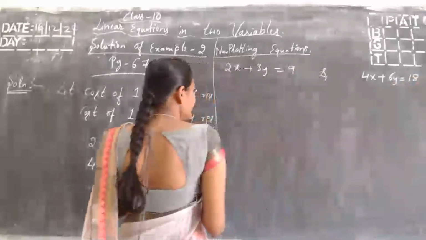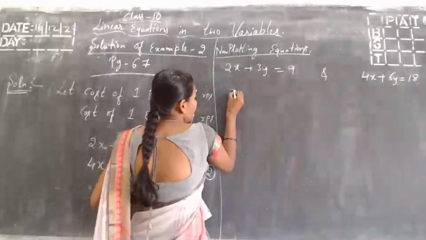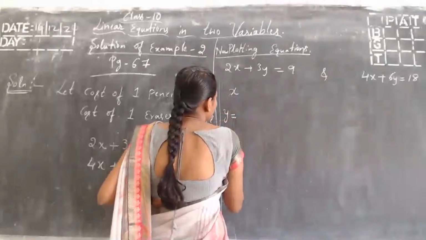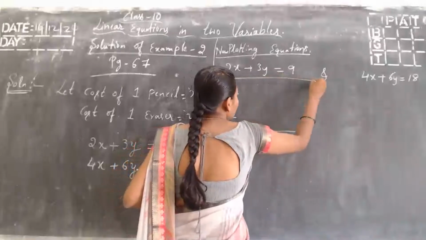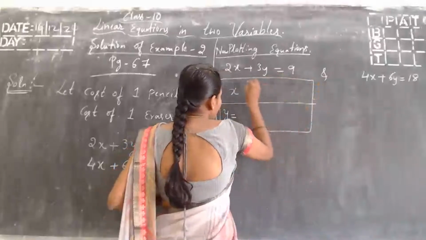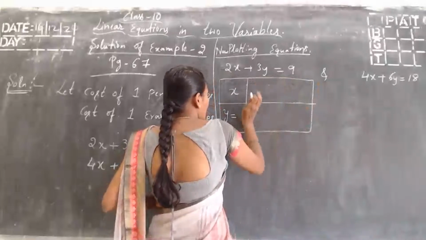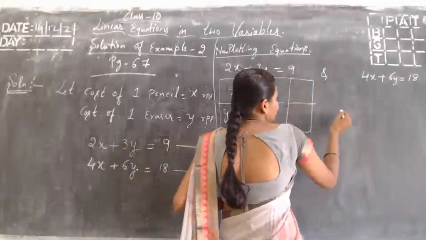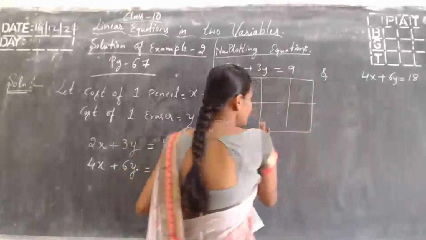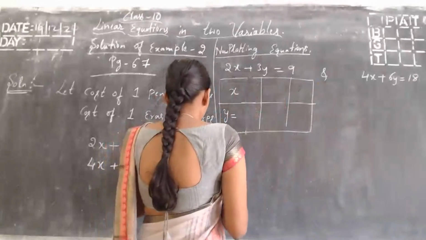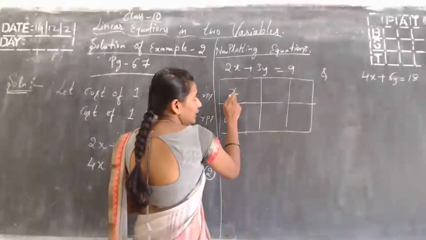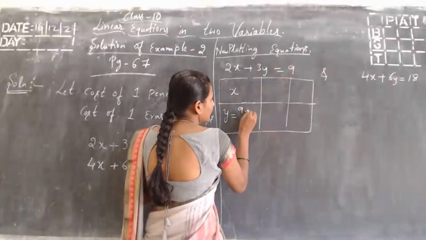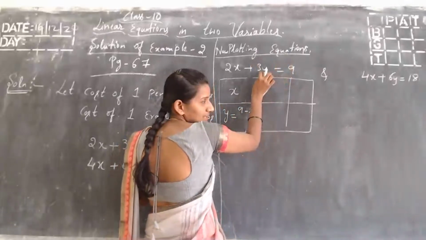See, I have already said yesterday, draw this box, y is equal to, whatever values you want you can input here. I will tell you how. First I will do this. We know x, what happens to y? y is equal to 9 minus 2x, by using this equation.